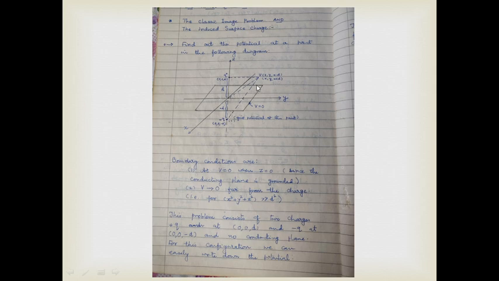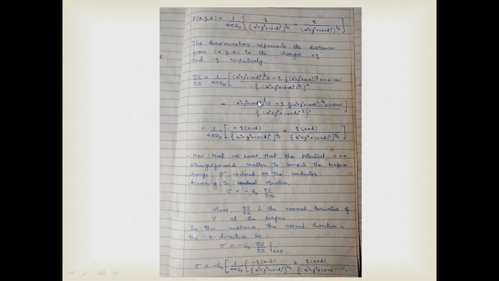Similarly, with respect to the image charge, x, y and z plus d coordinates will be there, which are substituted here. You know that potential V at x y z is 1 upon 4 pi epsilon 0 into q upon (x square plus y square plus z minus d whole square) raised to 1 half, minus q upon (x square plus y square plus z plus d whole square) raised to 1 half.